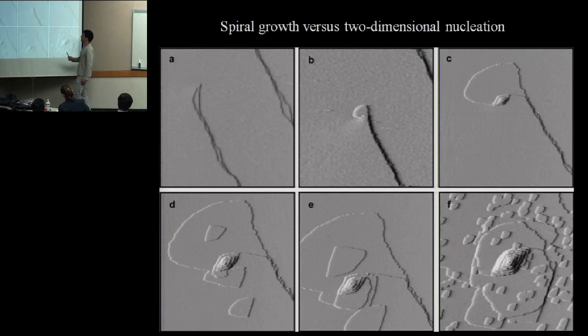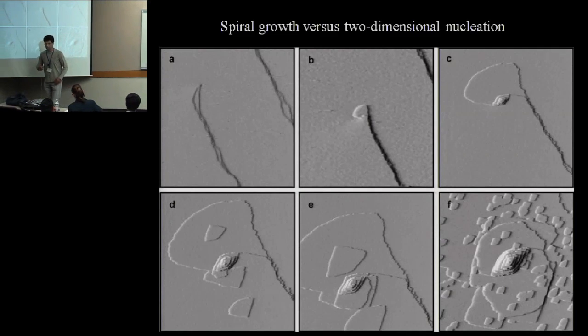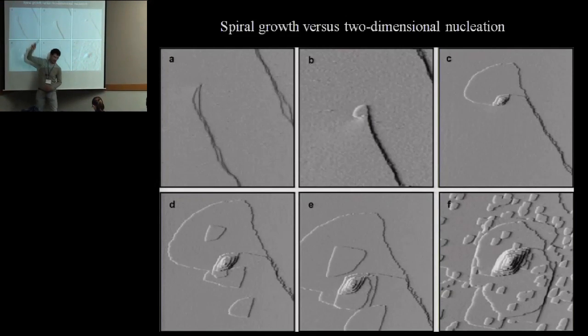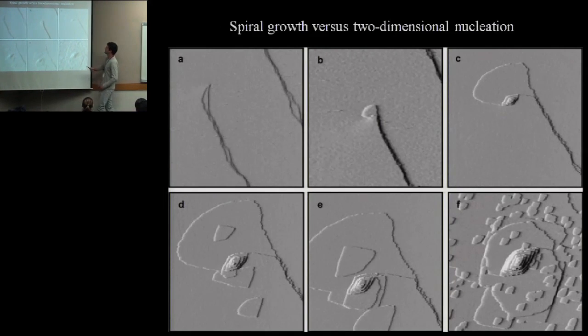As you might know, most crystals grow from imperfections, which in this case would be a screw dislocation. Starting from this screw dislocation would be a spiral growth, and so we would see these spirals growing.